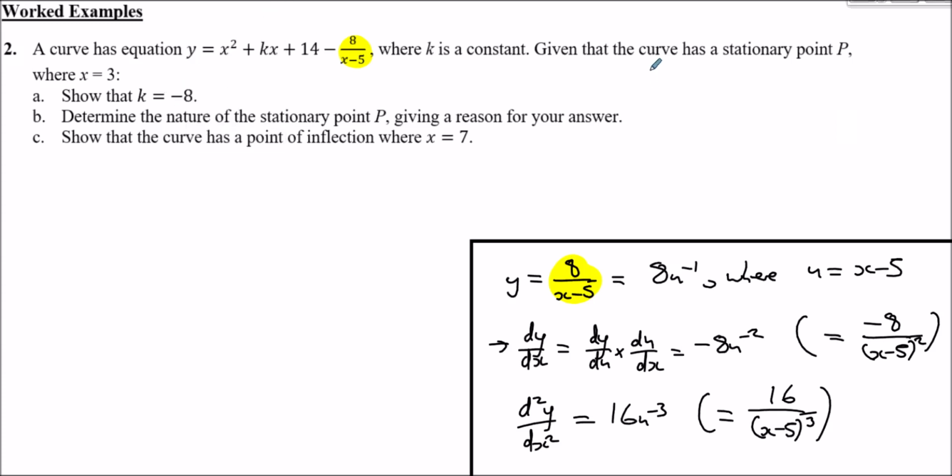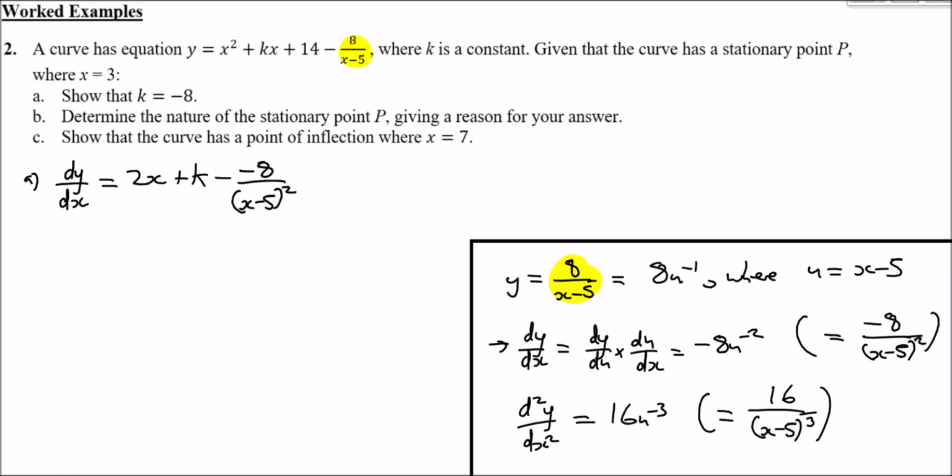Well, we're told here that the curve has a stationary point where x is 3. Stationary points on a curve are where the gradient is 0. So let's do dy by dx and set it equal to 0 to find the stationary points. So dy by dx, x squared becomes 2x, kx differentiates to k, the constant 13 disappears, and this one here, this minus 8 over x minus 5, differentiates to minus 8 u to the minus 2, which is minus 8 over x minus 5 squared.